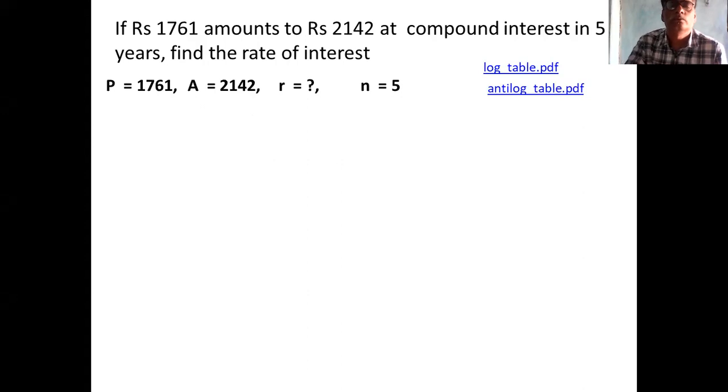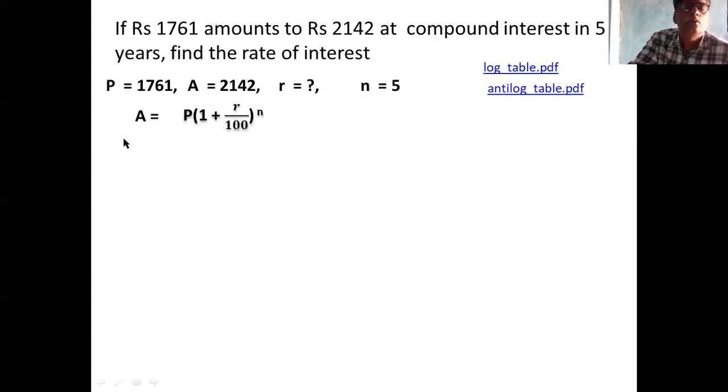N value is 5. Then you write your equation. Your equation is amount is equal to P into 1 plus R by 100 raised to N, P in the bracket 1 plus R by 100 raised to N. Okay. Then fill the available factors.